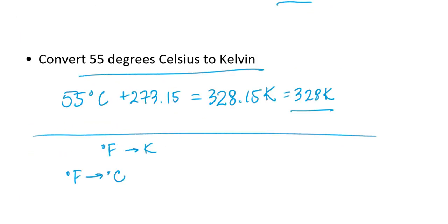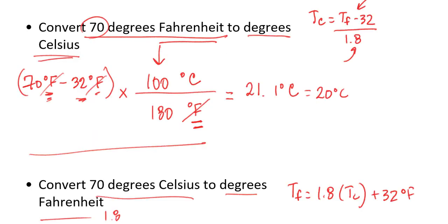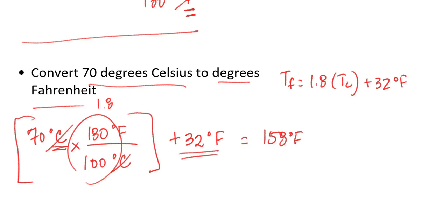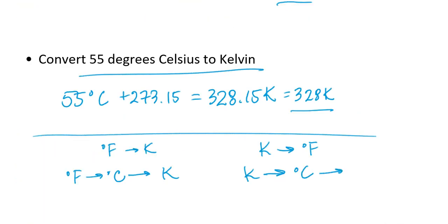And then once you have the Celsius temperature, go ahead and convert to Kelvin from there. And vice versa. If you're asked to go from Kelvin to degrees Fahrenheit, then you have to go from Kelvin to degrees Celsius, and then using the procedure we used for this problem, convert from degrees Celsius to degrees Fahrenheit as necessary.